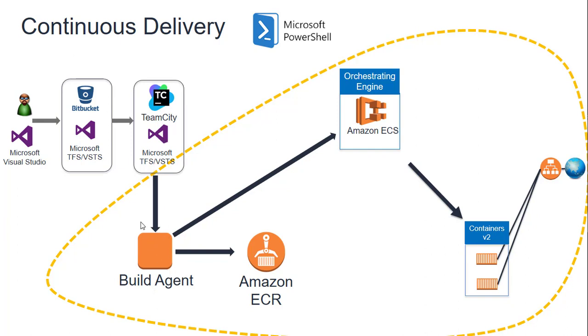Given that the build agent has enough permissions, it can easily publish images into ECR, refresh the services, and ask ECS to orchestrate the new containers. So in the next lab section, we are going to explore certain ways that you can write some PowerShell scripts to do the automations that we want to automatically deploy containers.